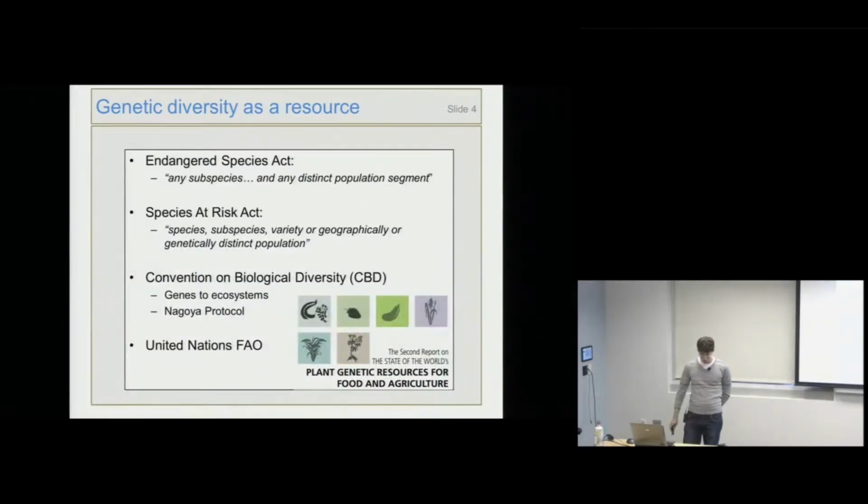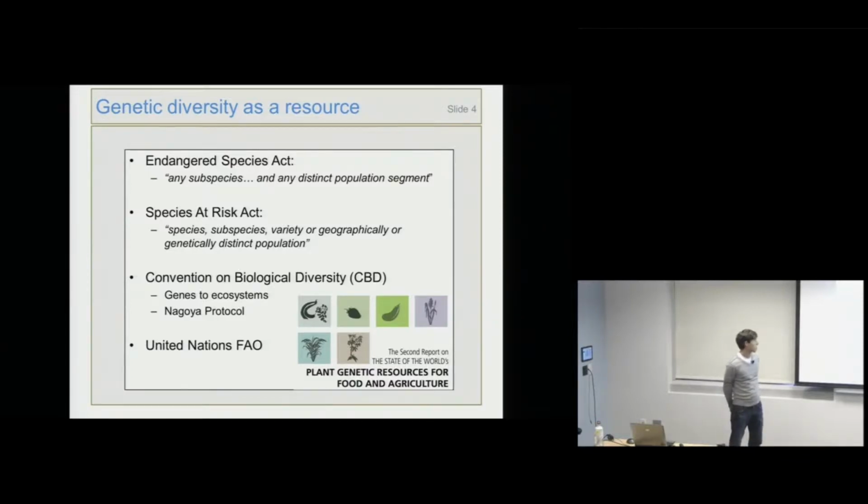So these are some of the ecological and evolutionary reasons why genetic diversity is important. There's also increasingly a number of legal and policy frameworks centered around preserving genetic resources, including the U.S. Endangered Species Act, the Canadian Species at Risk Act, the International Convention on Biological Diversity, which has been signed by 192 nations.